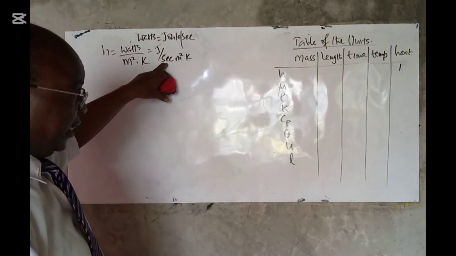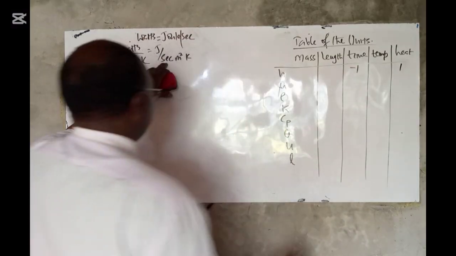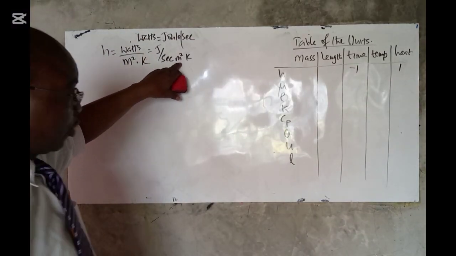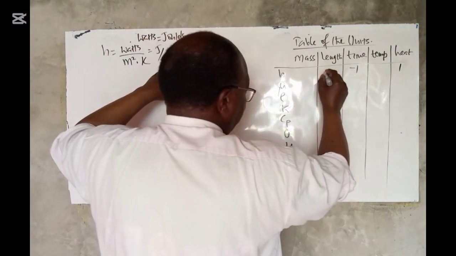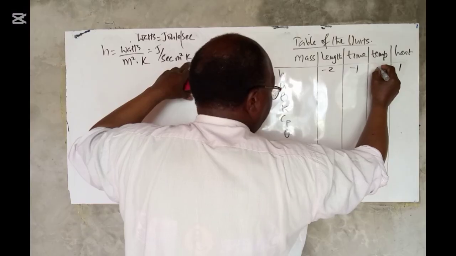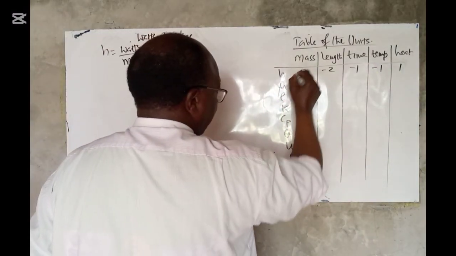We have second, which is time, and we are dividing. Meter squared is the unit of length. K is temperature, and again we are dividing. Mass is not there, so 0.